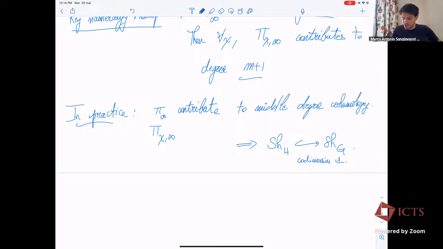Okay, so basically all the examples that Chris mentioned fall into this category, where the Shimura variety of the small group inside the Shimura variety of the big group is codimension 1.